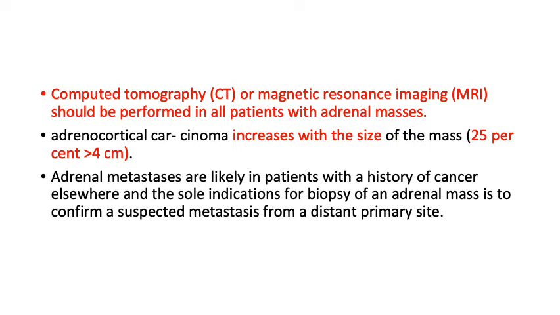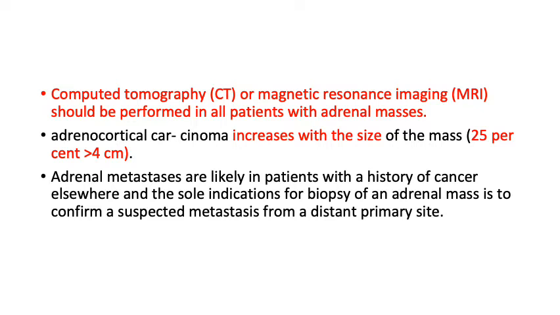About 25% of incidentalomas will be an adrenocortical carcinoma when the size of the tumor is more than 4 centimeters. So there is a direct correlation between the size and the incidence of malignancy in the adrenal.